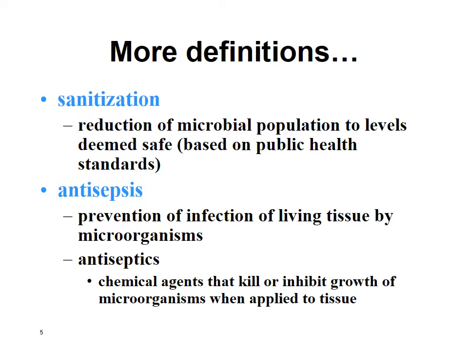Antiseptics are chemical agents applied to tissue to prevent infection by killing or inhibiting pathogen growth, and they're also used to reduce the total microbial population. Because they must not destroy too much of the host tissue, antiseptics are generally not as toxic as disinfectants.